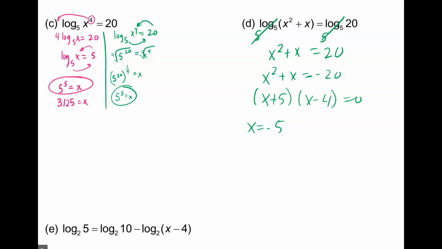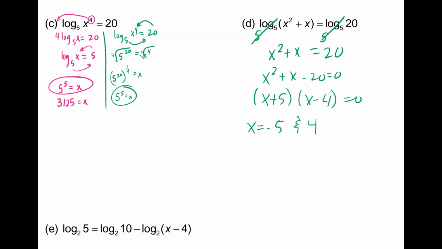Minus 20 equals 0. So there's a thing with logs. You can't take log of a negative number.